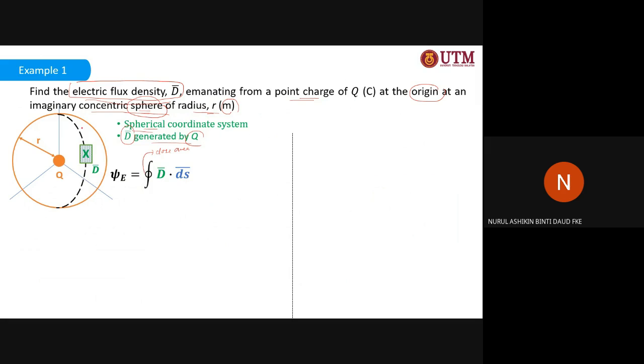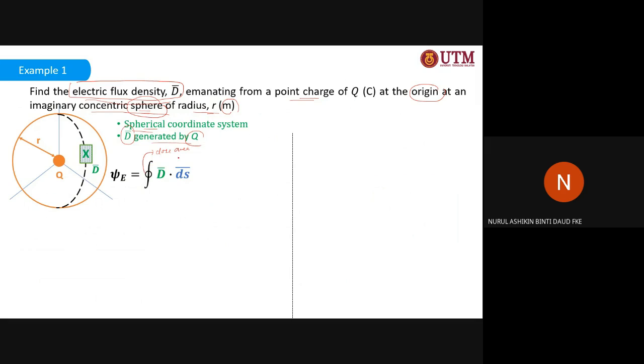Our object should be in a closed area, where the flux is contained inside the sphere. There is no flux produced outside this sphere. The electric flux will be produced only inside of this sphere, so that's why it is a closed area, a completely closed structure, and that's why there is a circle here.